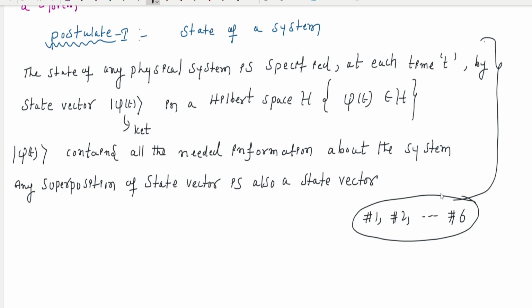In case you don't know what a quantum state is, please go and watch videos number 1 to 6. Then you can understand how a quantum state is described in quantum mechanics, and mathematically how it can be described. So I can explain all these things.